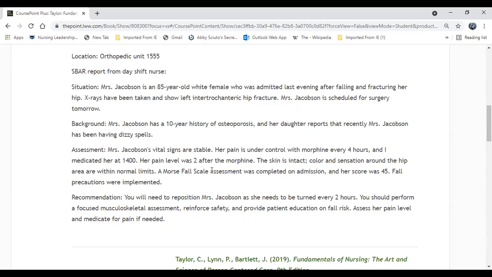That's one of her things right there. Two, she's 85 years old and she's got a broken hip. So you're going to need to reposition her a lot, because as you get older your skin's thin and you have a lot of bony prominences, so this patient can easily develop breakdown.